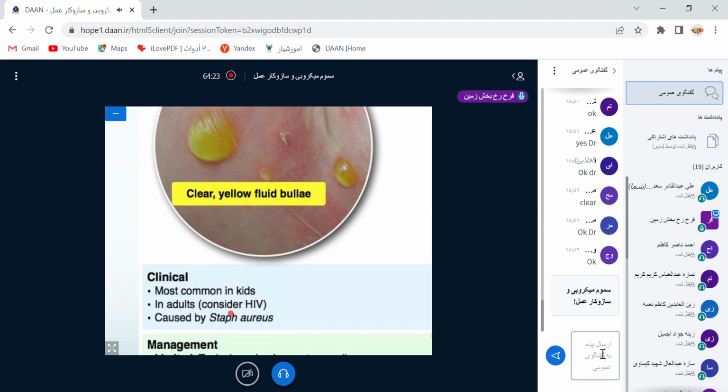So as I explained in advanced bacteriology, some pathogens are true pathogens and some other pathogens are opportunistic pathogens. What are the opportunistic pathogens? Opportunistic pathogens cannot attack and start disease in people with a normal immune system.